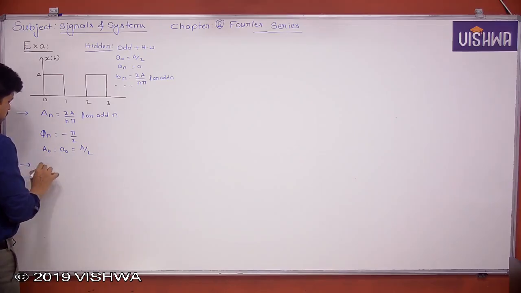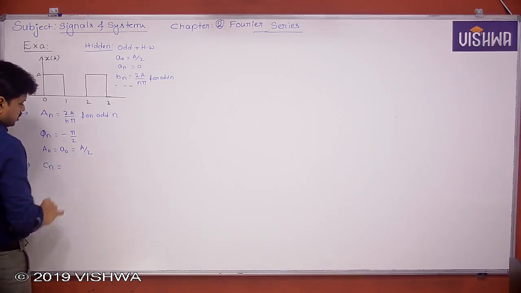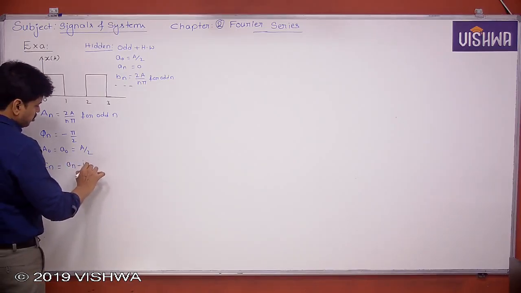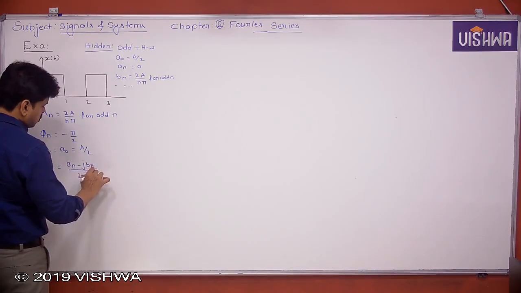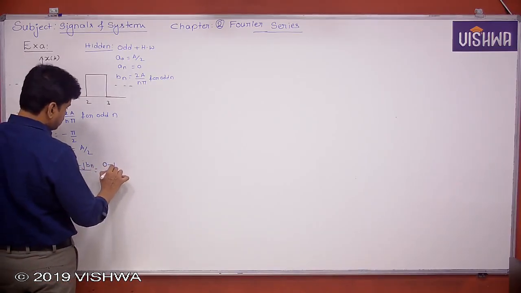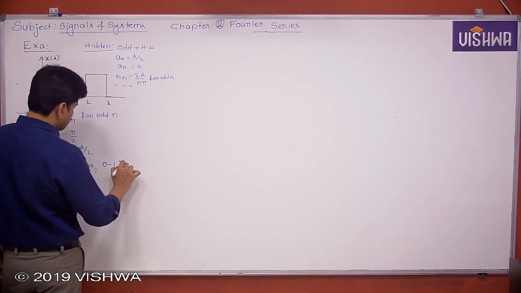This is the information we got earlier in polar form. In a similar manner, if I take Cn, that is An minus jbn by 2. What is An? That is 0. So 0 minus j, that is 2A by n pi by 2.